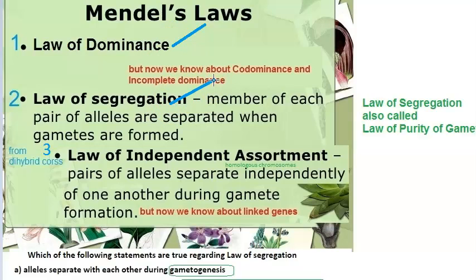Law of segregation: the gamete will have one copy of the allele. Independent assortment: different phenotypes have their own genotypes which independently assort themselves. So a plant can be tall and green seed, or tall and yellow seed. Each phenotype is independent, controlled by its own genotype.